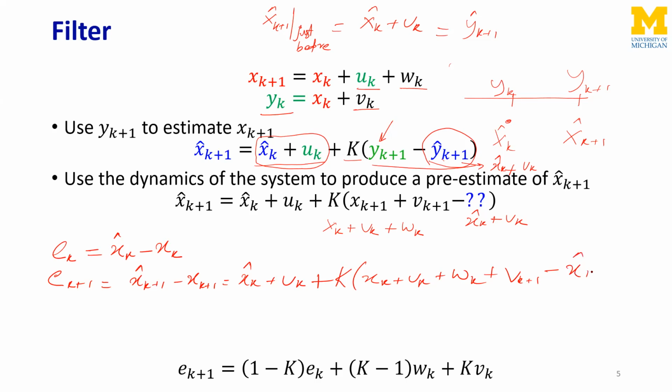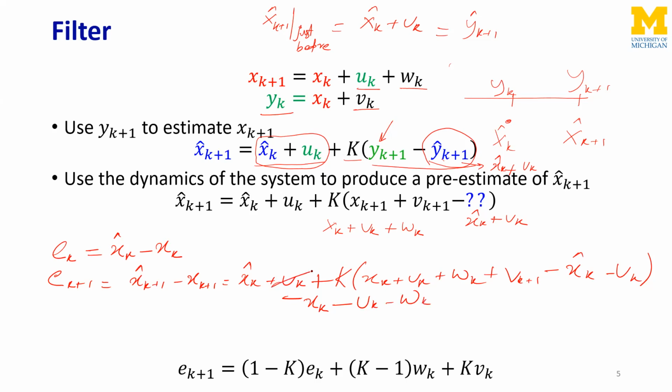Yeah, x hat k minus uk. Okay, and then I have to carry the second term. xk plus 1 is given by this expression here, the first equation right on the top. So that's going to be xk minus uk minus wk.